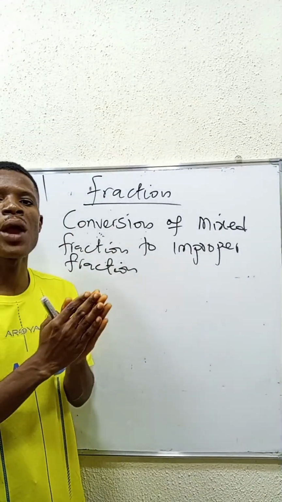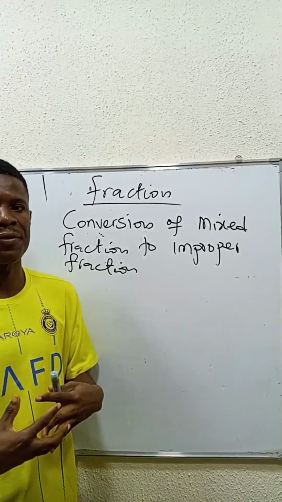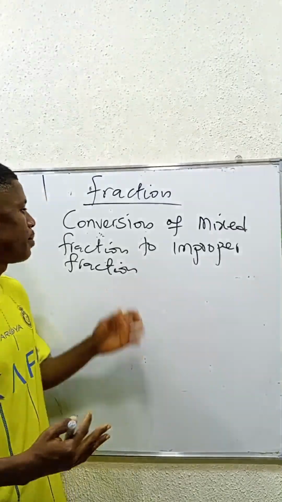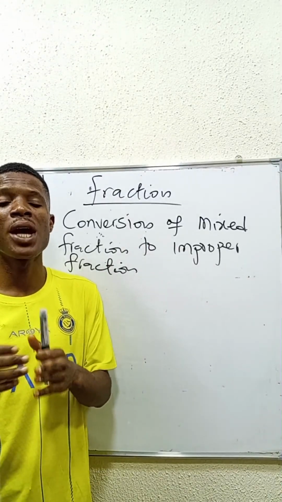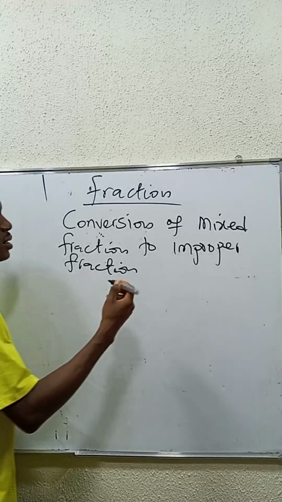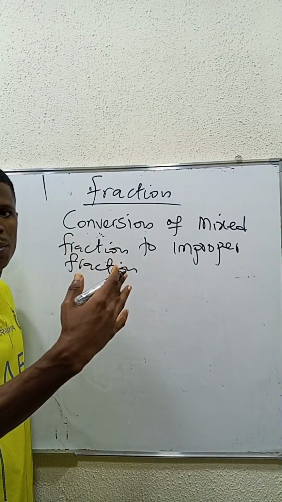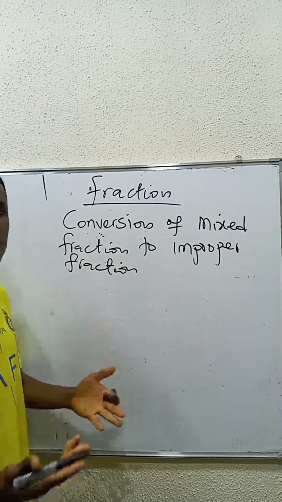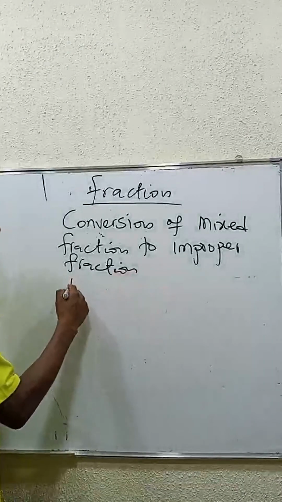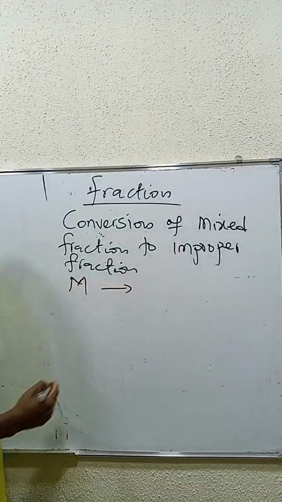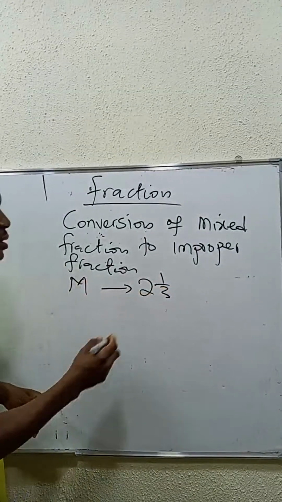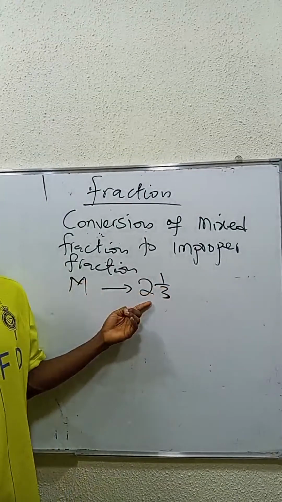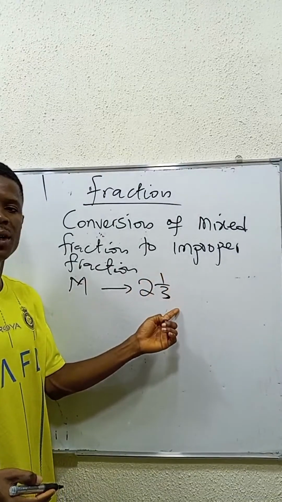When we talk about the mixed fraction, we are talking about the type of fraction that is gotten where we have a whole and a proper fraction. But when we talk about improper fraction, we are talking about the type of fraction where the numerator, the number at the top, is bigger than the denominator, the number below. For instance, an example of mixed fraction is something like 2 1/3. It comprises a whole and a proper fraction.